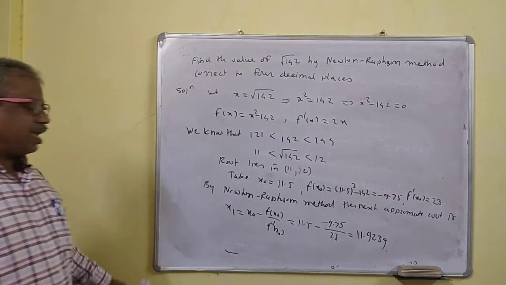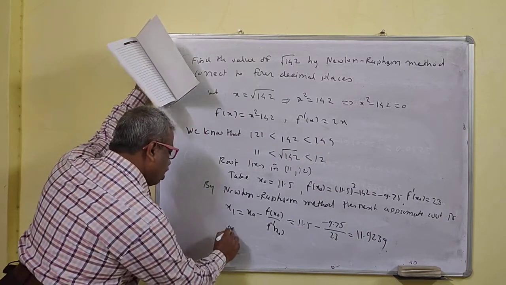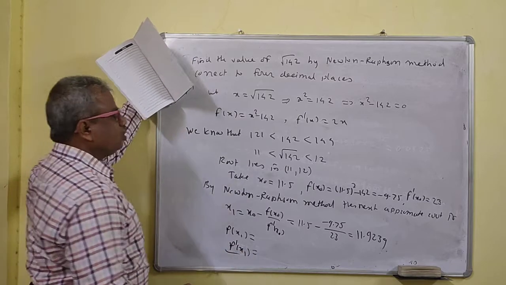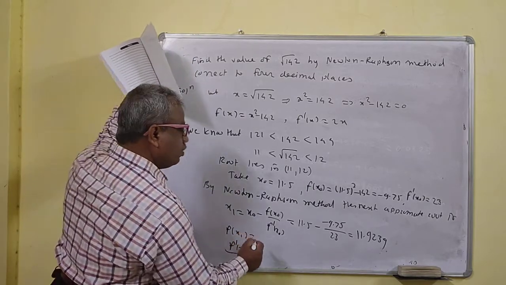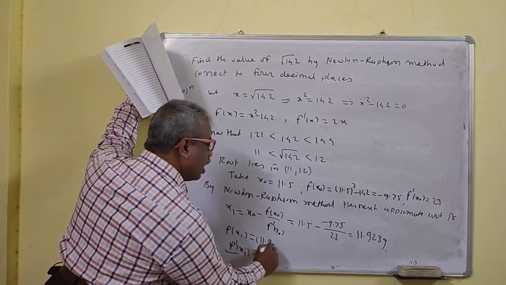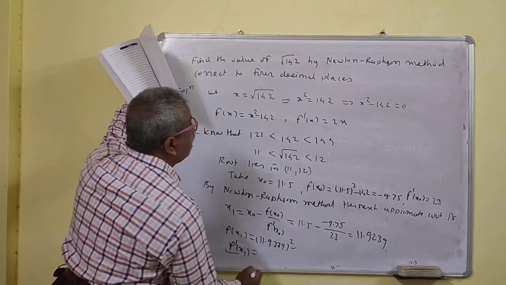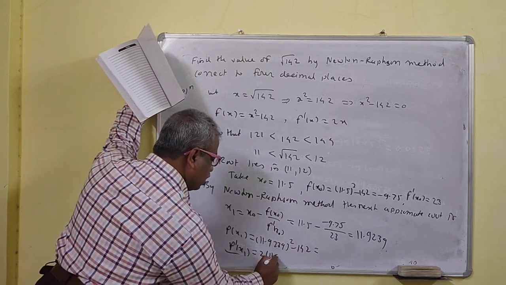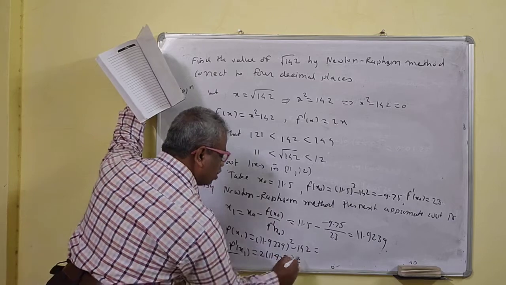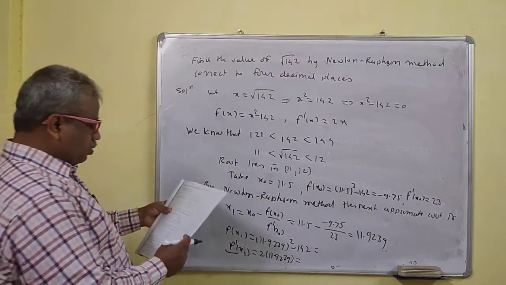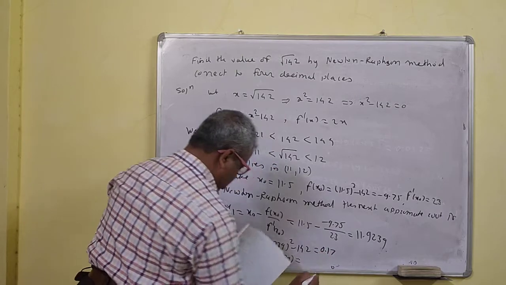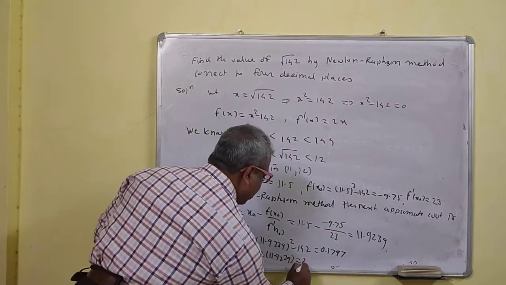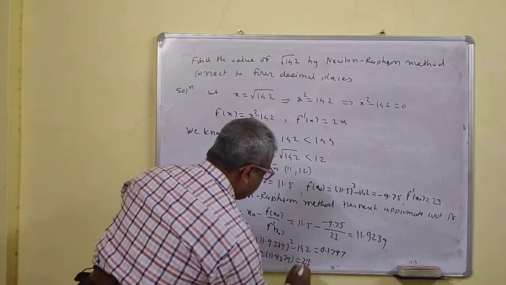Once we get x1, you have to find f of x1 and f prime x1. So f of x1 is 11.9239 squared minus 142, and f prime x1 is 2 times 11.9239. I got this value as 0.1797, and this value as 23.8478.